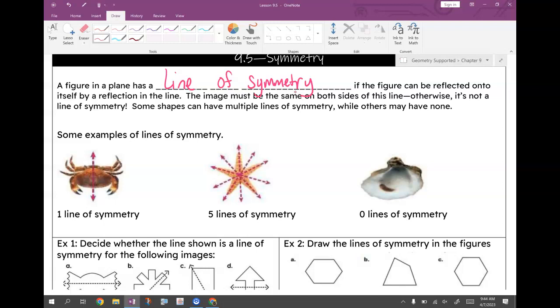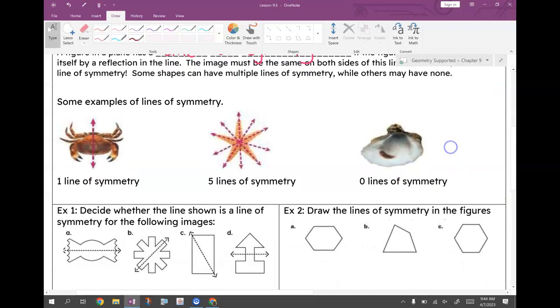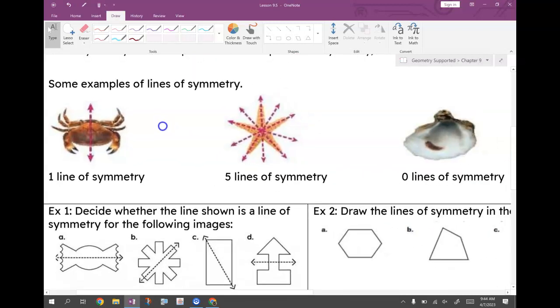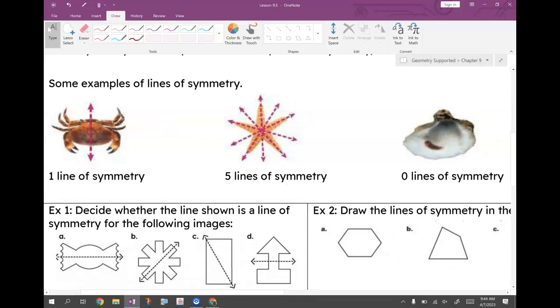Like we said a minute ago, this lesson is actually really easy, and it involves zero graphing. You just need to know if something is symmetric, and if so, where you can draw the lines of symmetry. Okay? Some examples: if you look at this crab here, if you folded it over that pink line, wouldn't it match up at every single spot? To an extent, yeah.